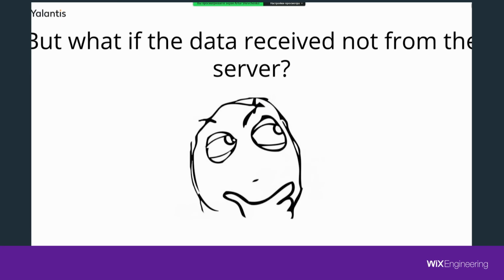Or one more example. Let's say we have an application that works exclusively offline, for example an application for storing notes. How do we check how this application will behave when we have tens of thousands of these notes? Interesting.